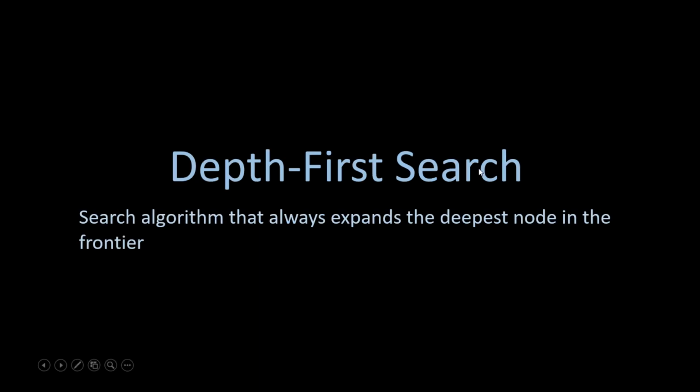Well, this actually has a special name. It's depth-first search, meaning that I'm going as deep as I can. It's a search algorithm that always expands the deepest node in the frontier. Pretty much meaning I will explore one portion and then explore another.